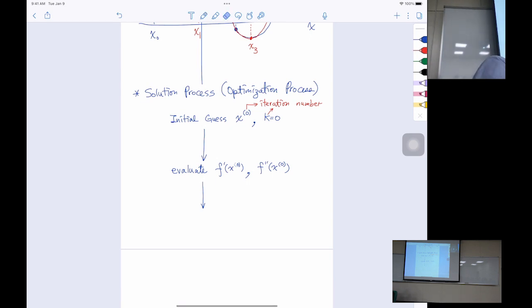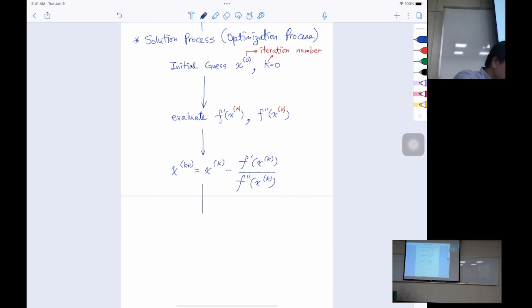So I can use k right here. Let me use red color. Here I should say bracket k. Okay, then over here we are solving for x(k+1) equals xk minus f prime of xk over f double prime of xk. So use the information at xk to get a new point at x(k+1).